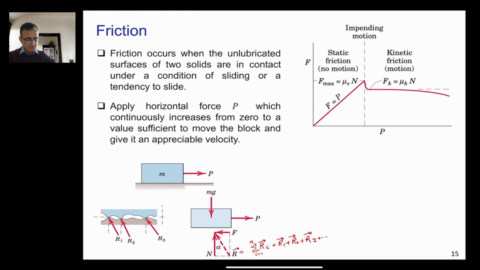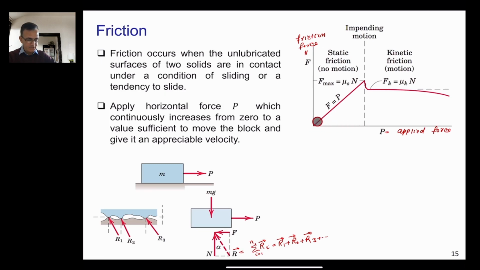Now what will happen if you apply this P? P is our applied force, and this F is the friction force. If you apply P on this mass, you will get a friction force, and obviously if you increase P, the friction force is increasing.